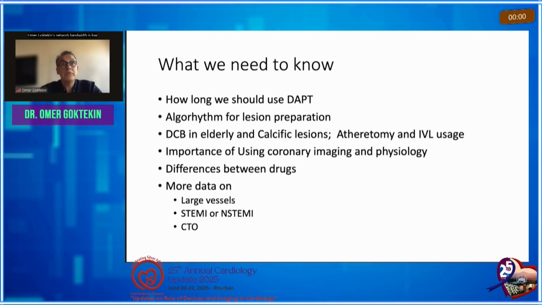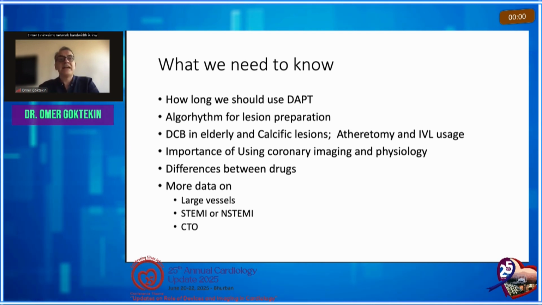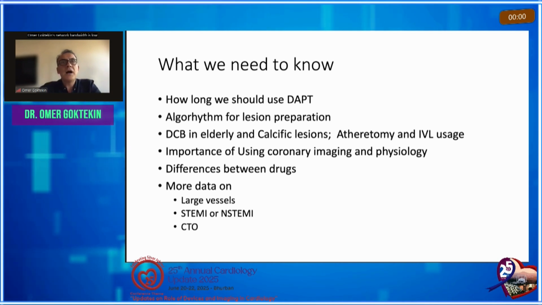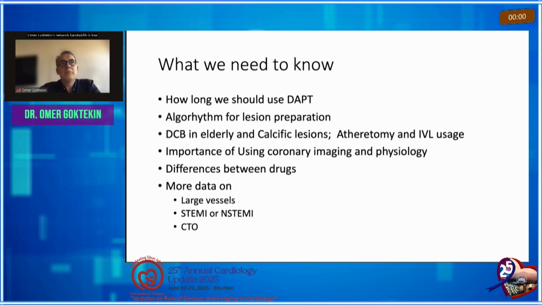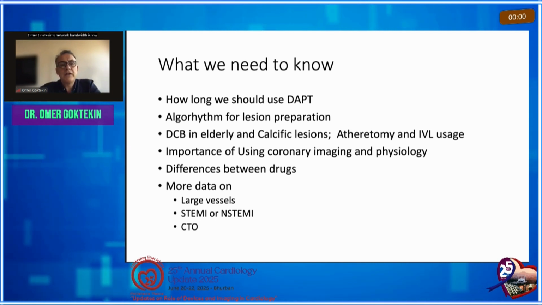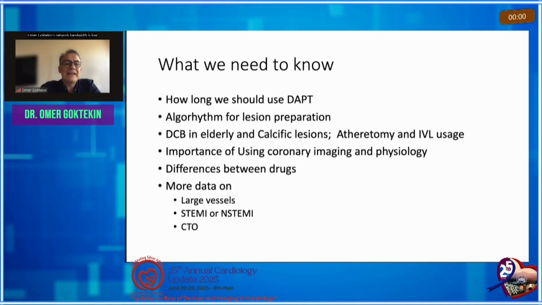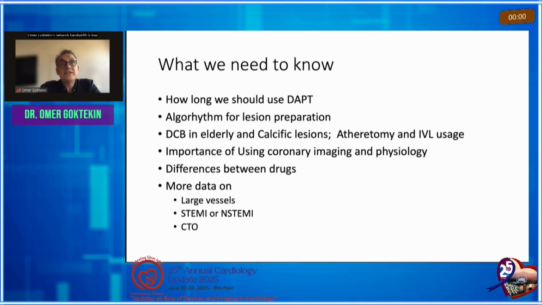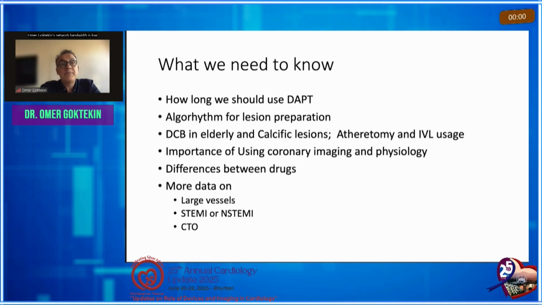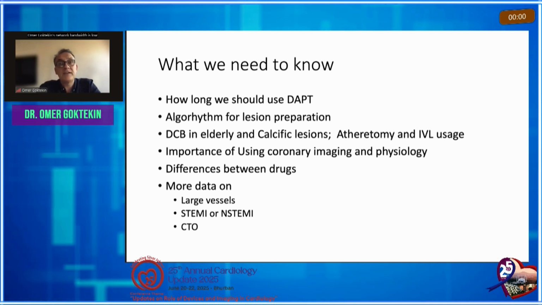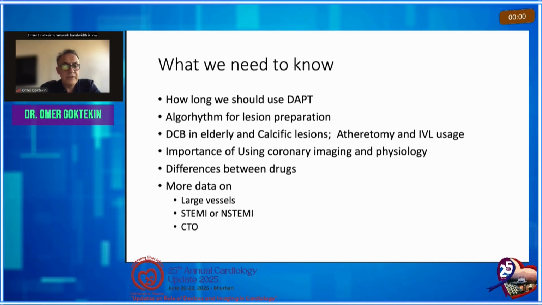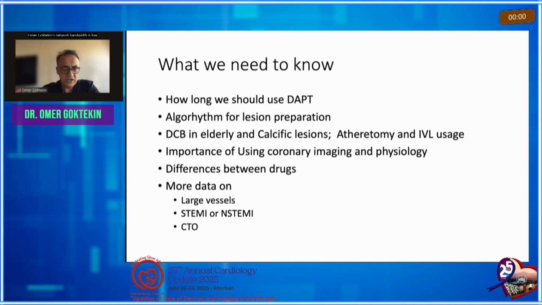We use IVUS, but not to size the DCB diameter, because we use angiogram mainly to choose our predilatation balloon or DCB balloon. And we don't know yet if there is any difference between paclitaxel and sirolimus. We have some data, but I think it's not finalized yet. And of course, we need more data on large vessels, ST elevation MI, and CTO.